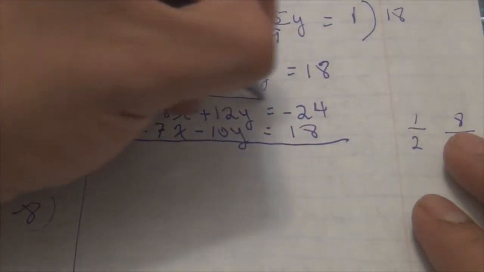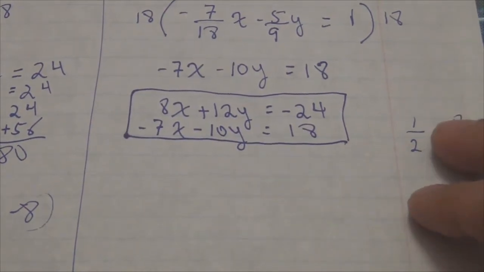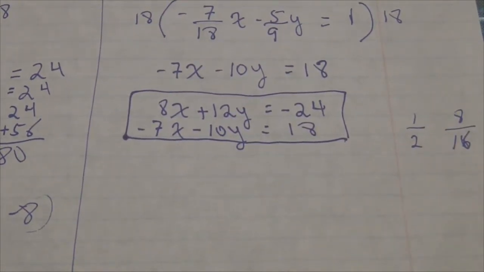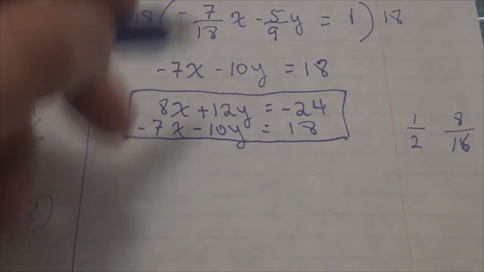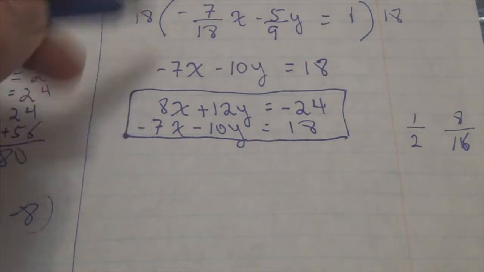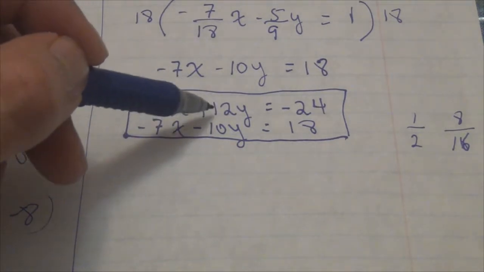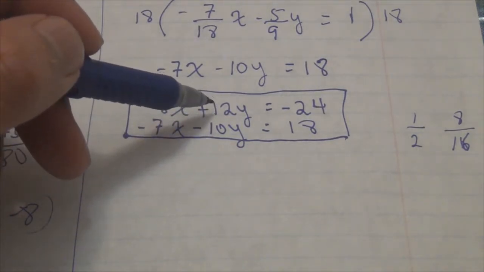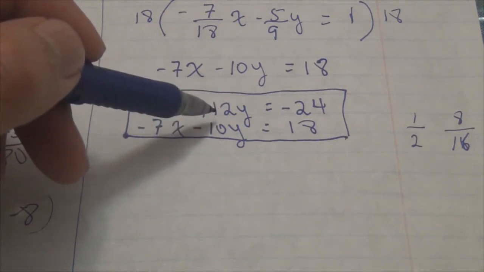We're dealing with this system of equations. Now we choose what we want to eliminate. If I try to eliminate the x, this is a prime number, so I'm gonna end up multiplying them by each other, and it's gonna be like 56. That's too much. How about 10 and 12? Where do they meet on the times tables? At 60.